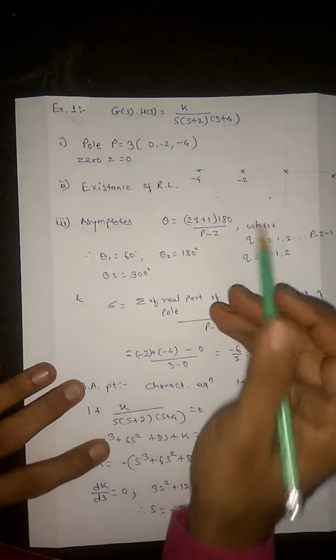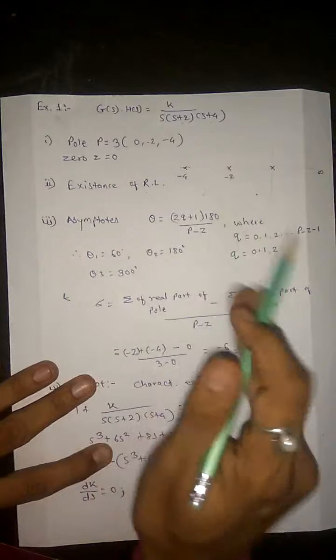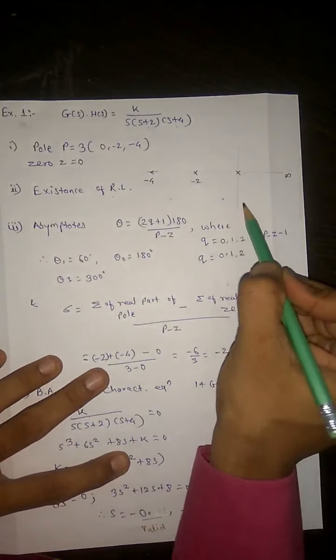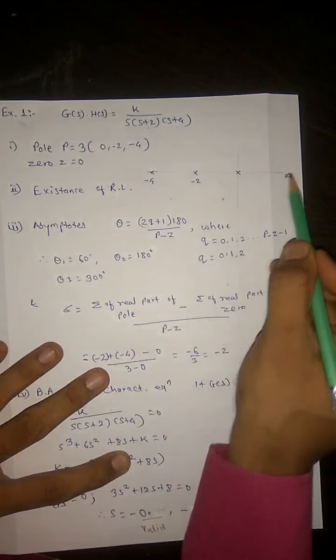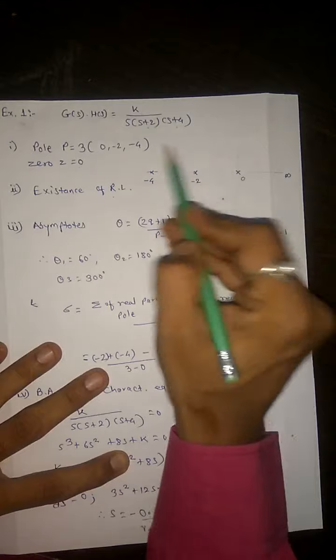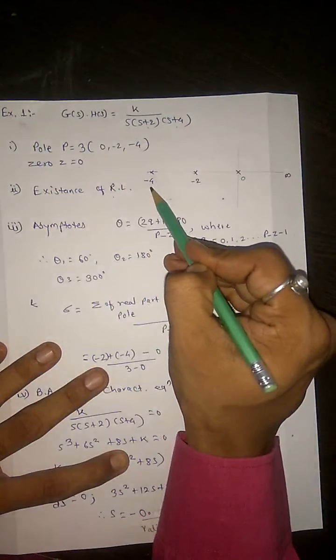Then our next rule for the numerical is about the existence of root locus. For that, I have drawn the S plane and marked all the poles. The first pole is 0, the second pole is minus 2 and the third pole is minus 4.